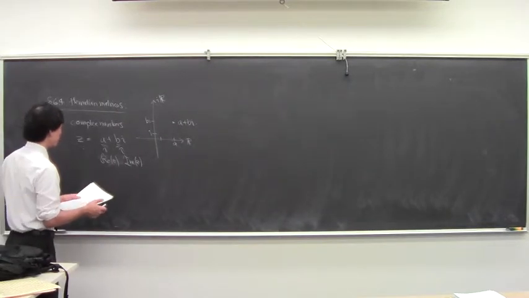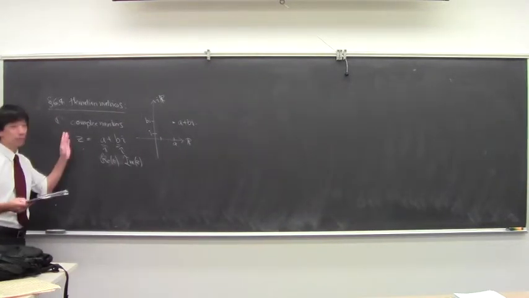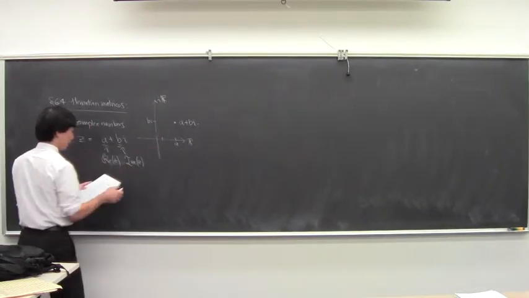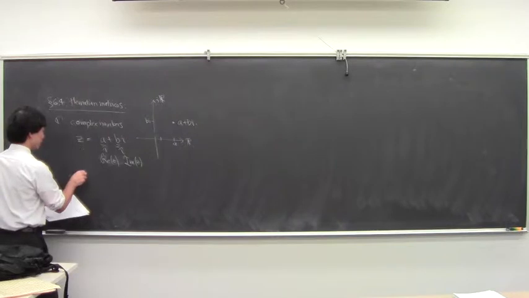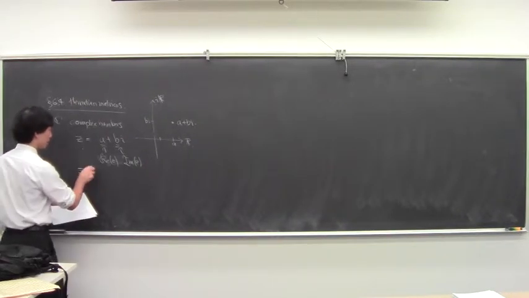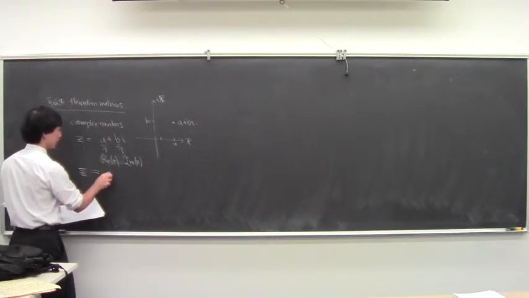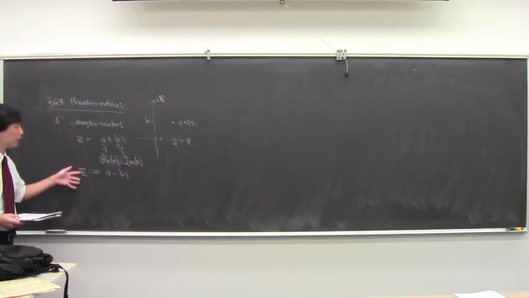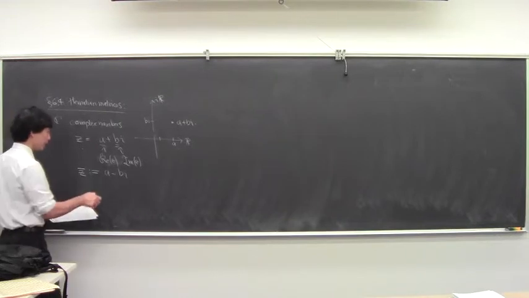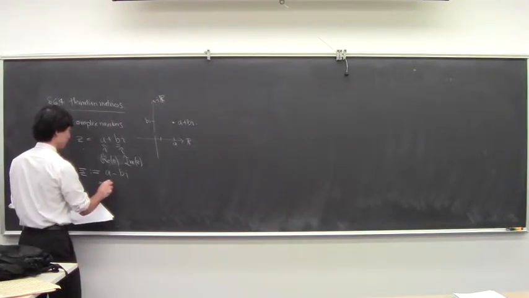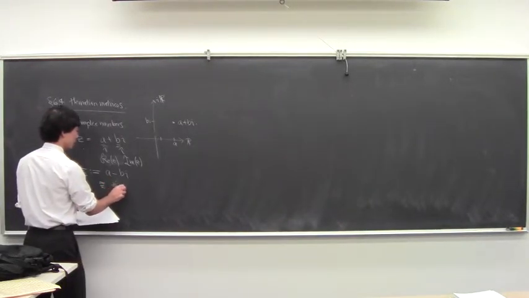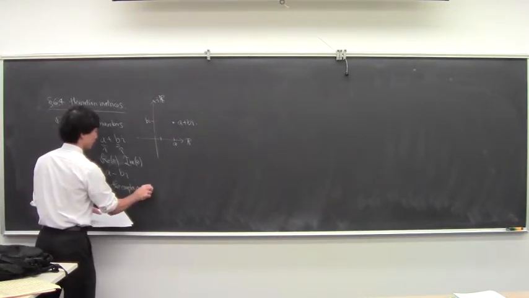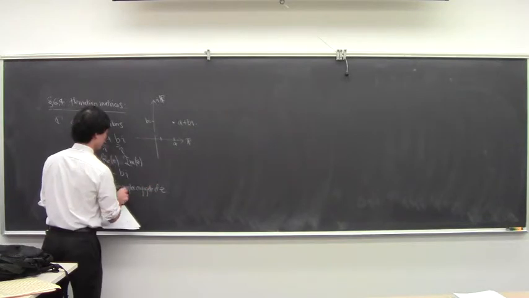Okay. So for complex numbers, you have z equals a plus bi. And we have this thing, z bar, which is defined as a minus bi. So if z is a plus bi, then z bar is a minus bi, and z bar is called the complex conjugate of z.